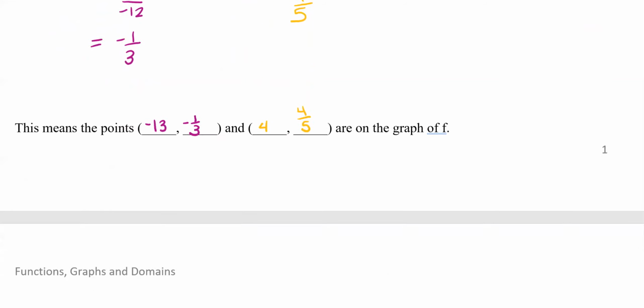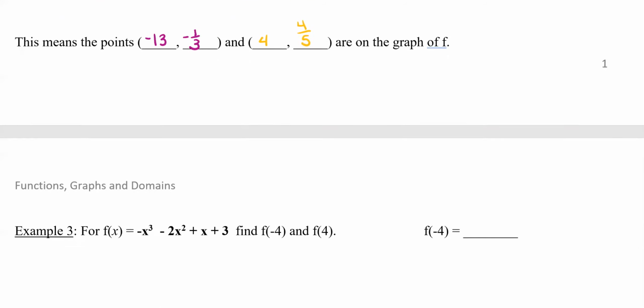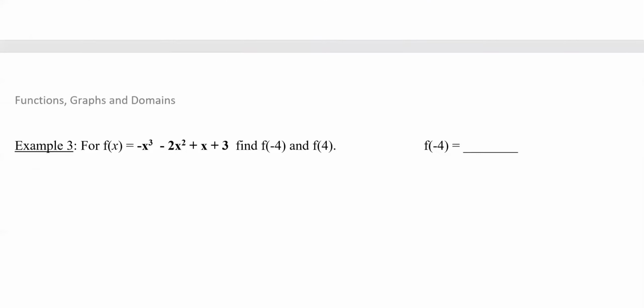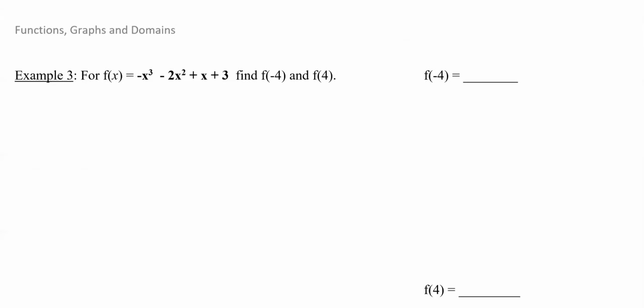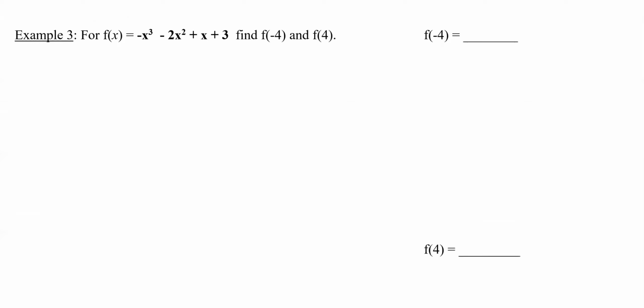Example number 3. We want to find f of negative 4. Wherever there is an x, substitute in negative 4. I suggest whenever you substitute in a number for a variable, you use parentheses.